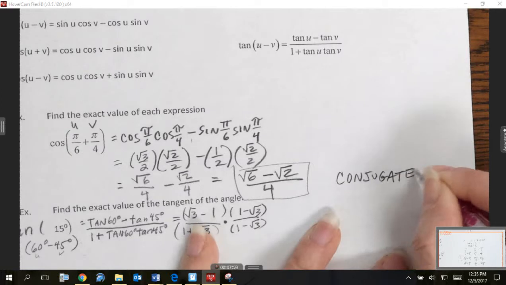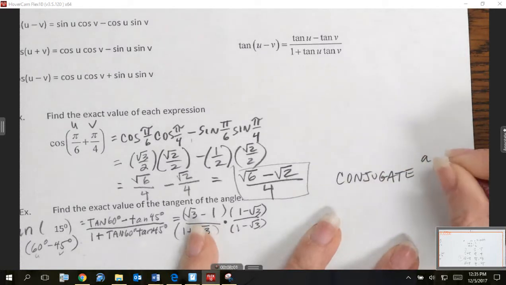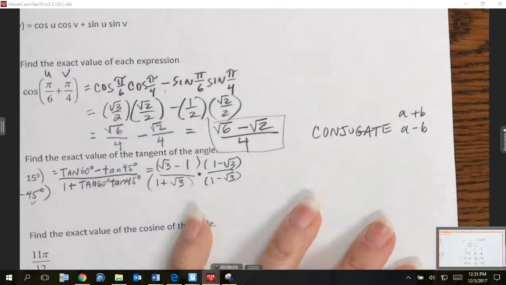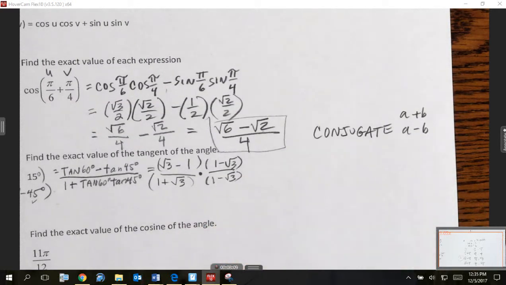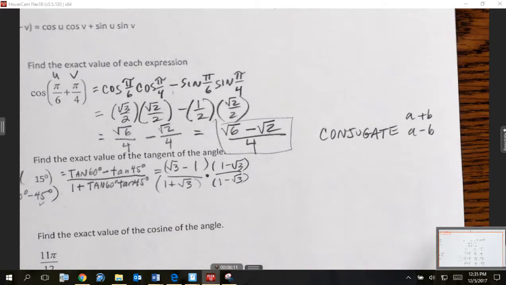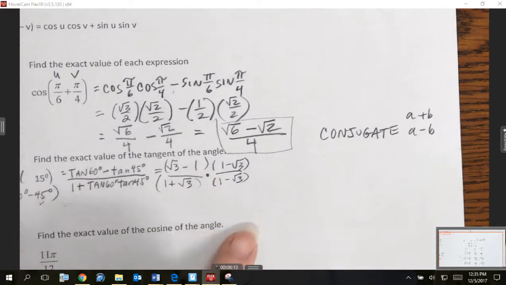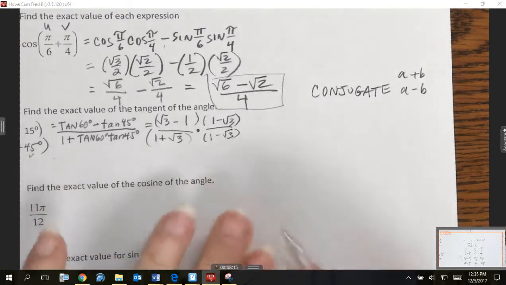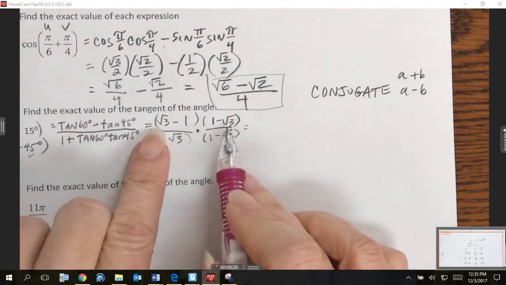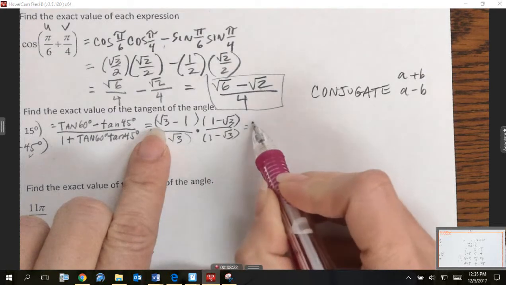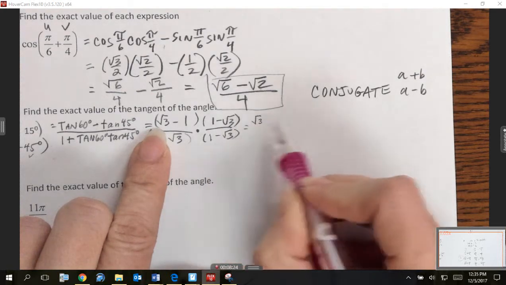The conjugates are the ones where you multiply like a plus b and a minus b. They're the exact same first and last terms, but one's plus and one's minus. You'll see when we're multiplying by the conjugate, it will get rid of the radical in the denominator. So in the numerator, if I'm multiplying 2 terms times 2 terms, I have to FOIL. So we'll do first, outer, inner, last: square root of 3.